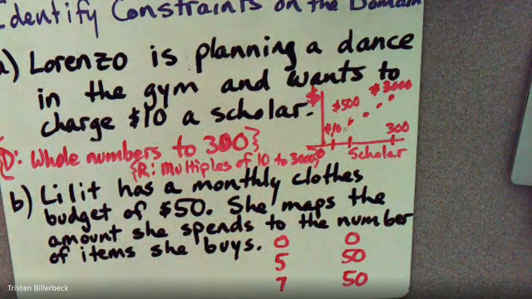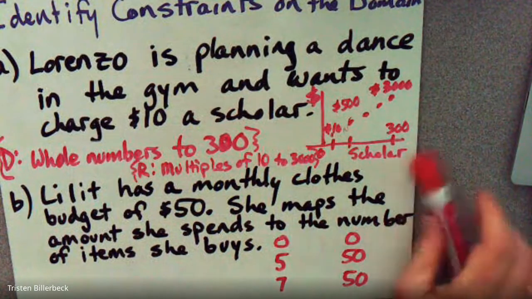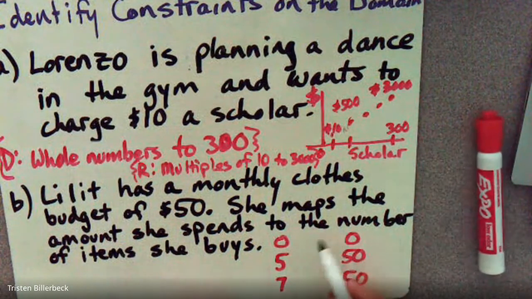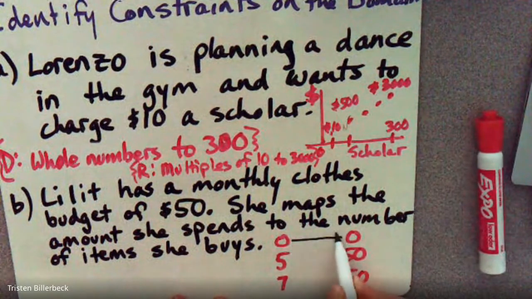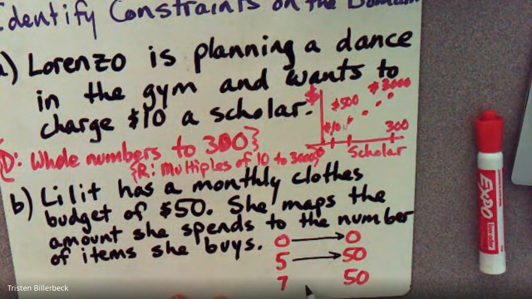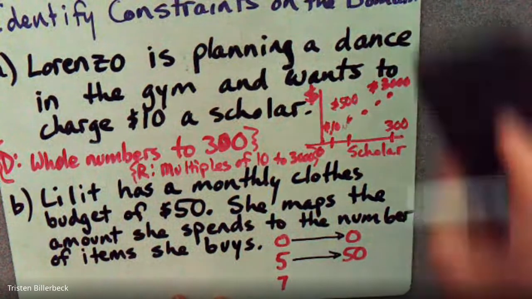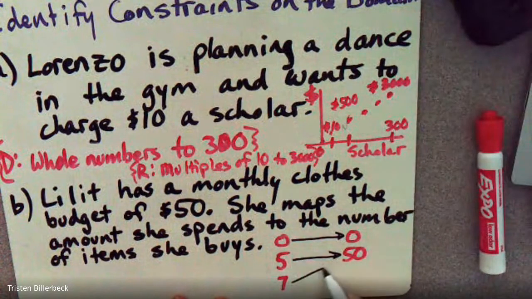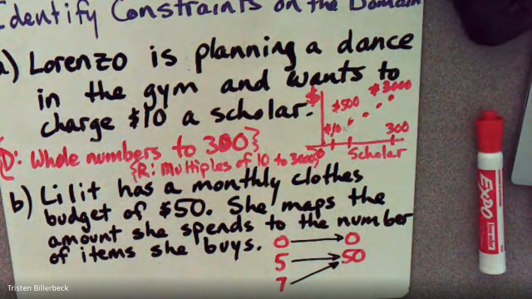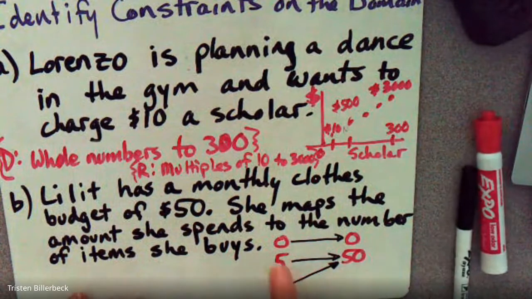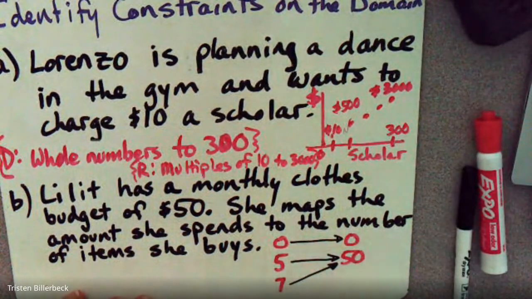Is this a function or a relation? Well, let's see. So we're going to map it out. For every 0, we know we have that.